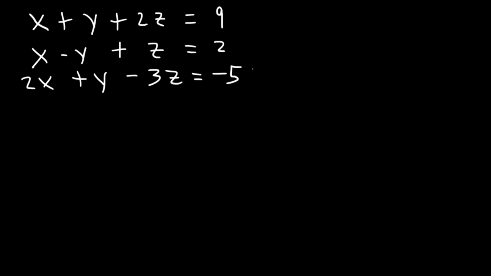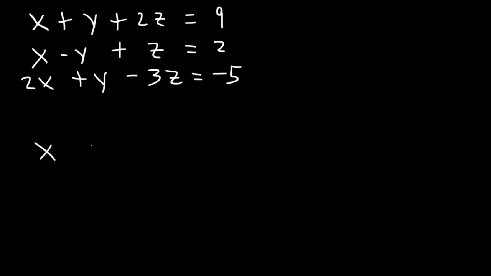Now there's three equations. We need to combine two at a time. Notice that if we add equation 1 and 2, the y variables will cancel. So let's go ahead and combine these two equations. But I'm going to rewrite it.